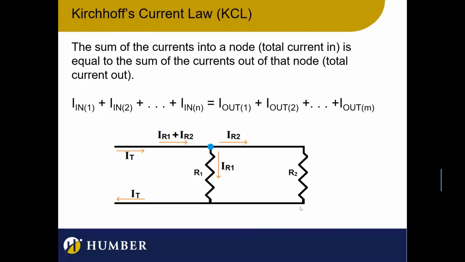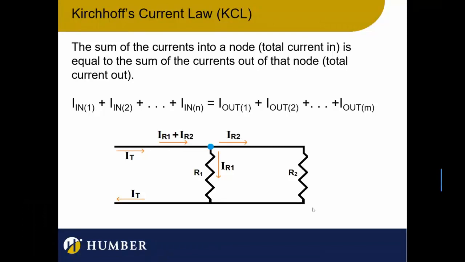Some of it goes this way and some of it goes this way. As we know, current is just charge per unit time. So I've got a certain amount of charge coming out of my power source. It hits this, and some of the charge goes this way and some goes this way. Now, how do we know how much goes here and how much goes here? We use Ohm's law for that. I will show you that in application.